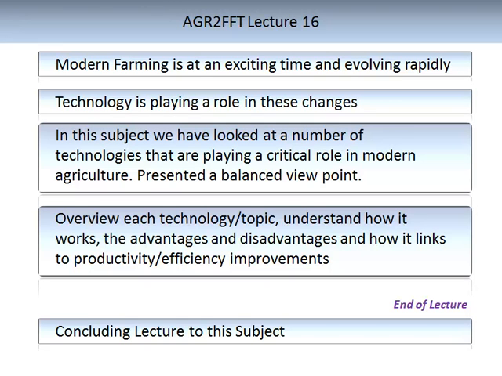We've also looked at some very new and cutting-edge technologies that have not undertaken rapid uptake, such as nanotechnology. But one thing all of these technologies have in common is that they play a critical role, or will play a critical role, in modern agriculture.